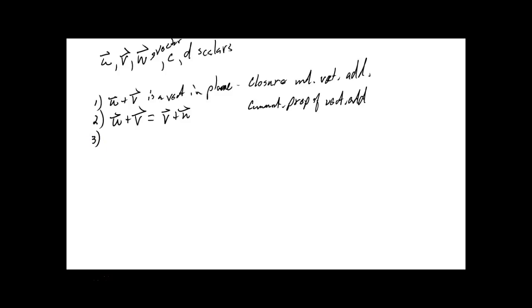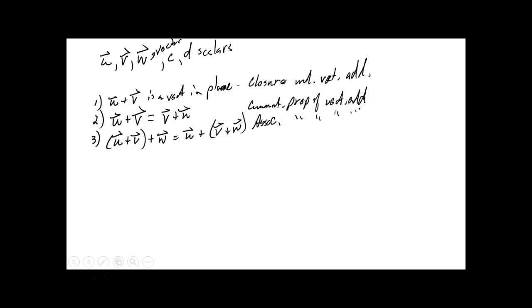Number 3. Now, if you have two vectors, you add U plus V, and then to that vector sum, you add W. That's going to give you the same result as if you had started with vector U and add that to the sum of V plus W. And that's the associative property of vector addition.